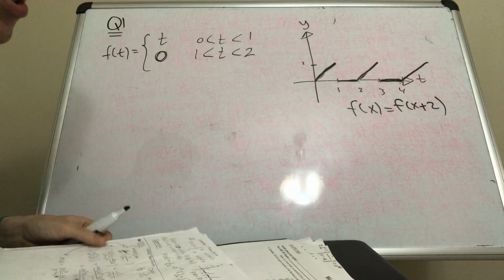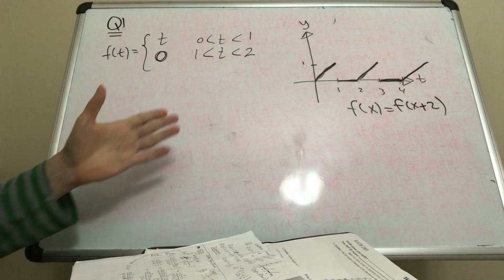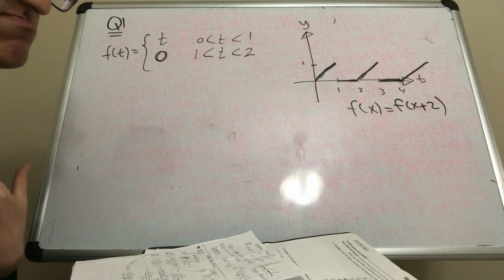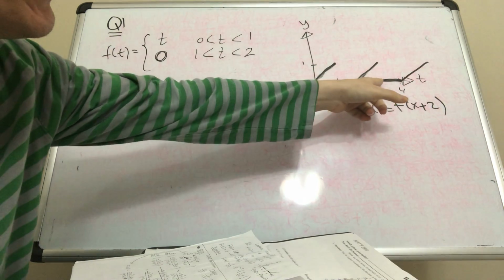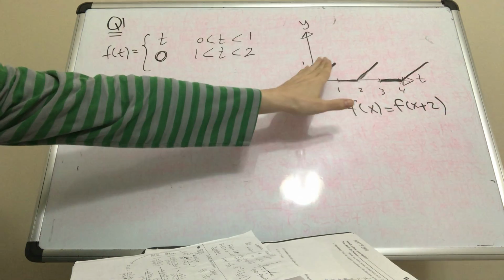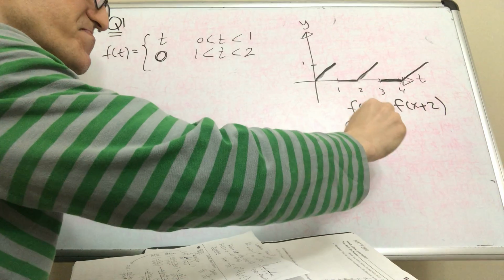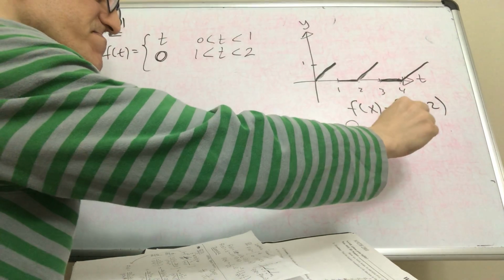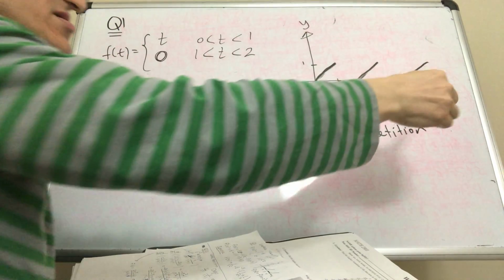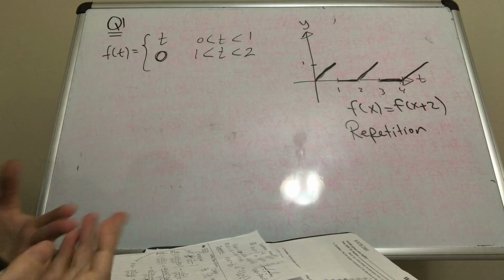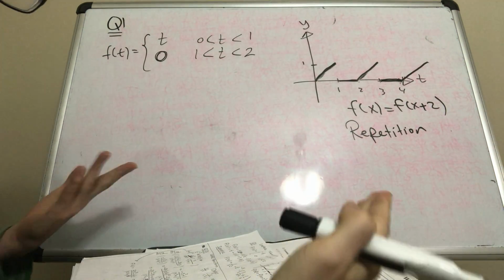There was no indication in the question to just do the first 2, but my assumption, and I'm not 100% sure, is that because the same function repeats, you don't have to do it all. Since there is repetition, so the same thing repeats, you only do the first. That's the only explanation why he didn't do the whole thing.